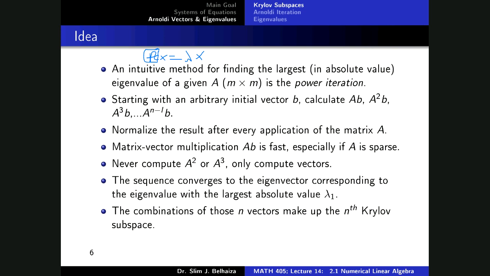So an intuitive method for finding the largest eigenvalues. Now, if you've been following us the last 5 weeks, body and mind, why do I have to look for the largest eigenvalues, guys? Because it captures most of the original matrix.